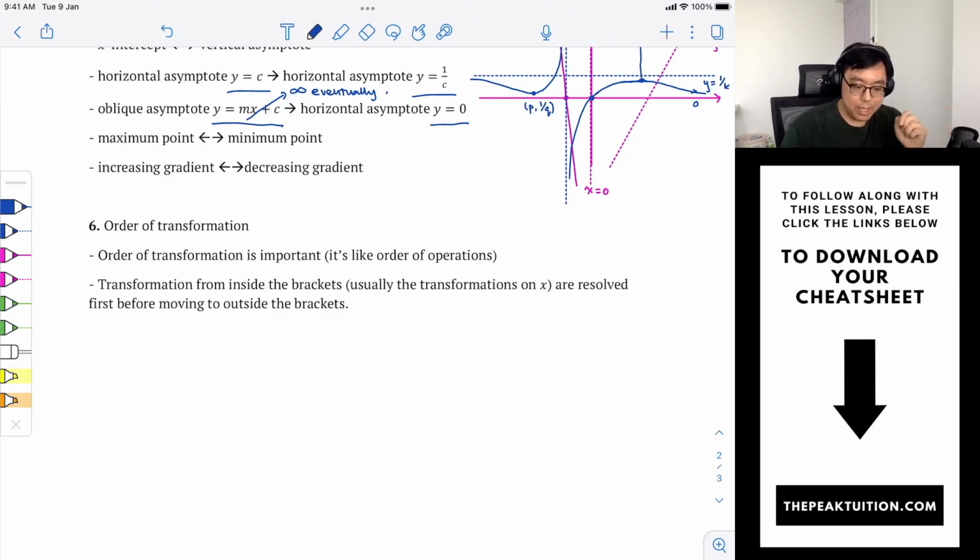One simple example is if we have a graph like this.